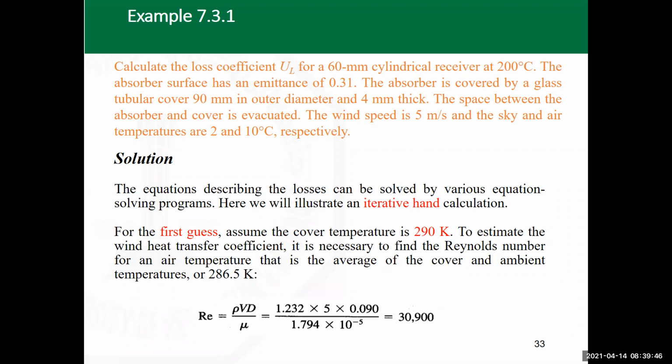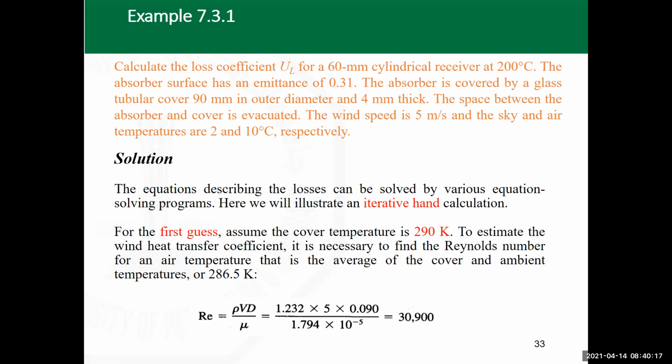The space between the absorber and the cover is evacuated. So we are eliminating conduction and convection losses in the space between the receiver and the cover. The outside wind speed is 5 meters per second, and the sky temperature and air temperature are considered here as 2 degrees Celsius and 10 degrees Celsius respectively.